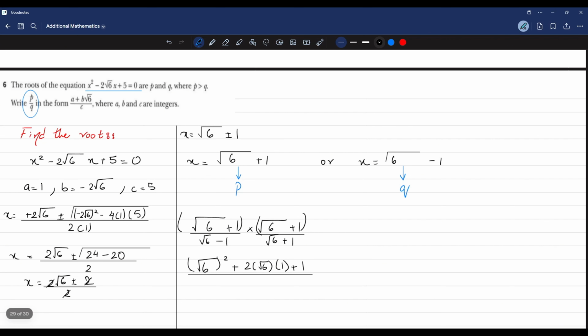That's equal to a squared, which is under root 6 squared, minus b squared, which is 1 squared. This would simplify to give us 6 plus 2 under root 6 plus 1 divided by 6 minus 1, which is 5. And that would further simplify to give us 7 plus 2 under root 6 divided by 5. And that's your answer for question number 6.